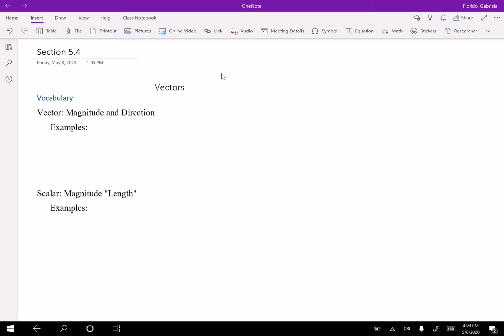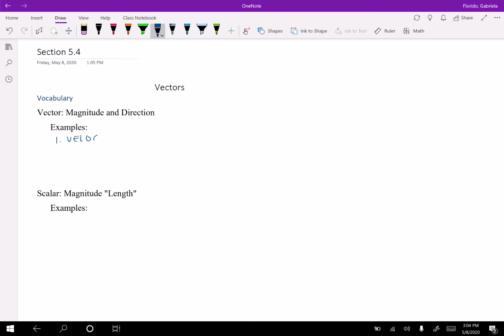Some of the common examples where we can see vectors are velocity, acceleration, and force.